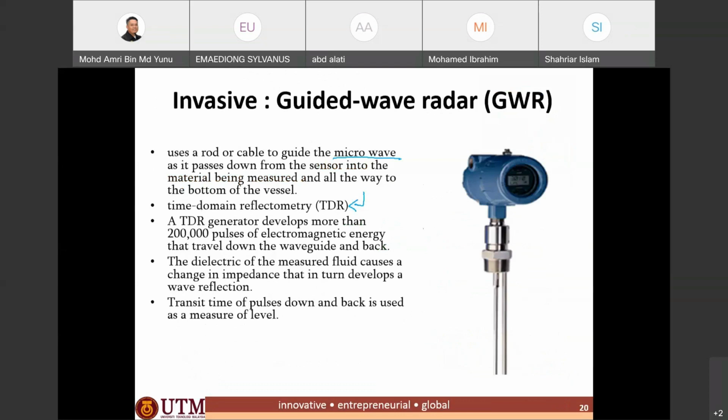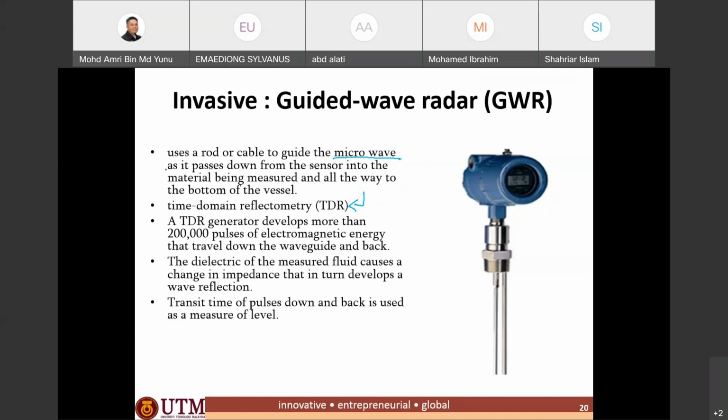And then there is another construction of microwave radar signal. In this application, we use the same kind of energy, which is the microwave signal, but the signal is wave guided, meaning that the signal is transmitted through guiding rods.